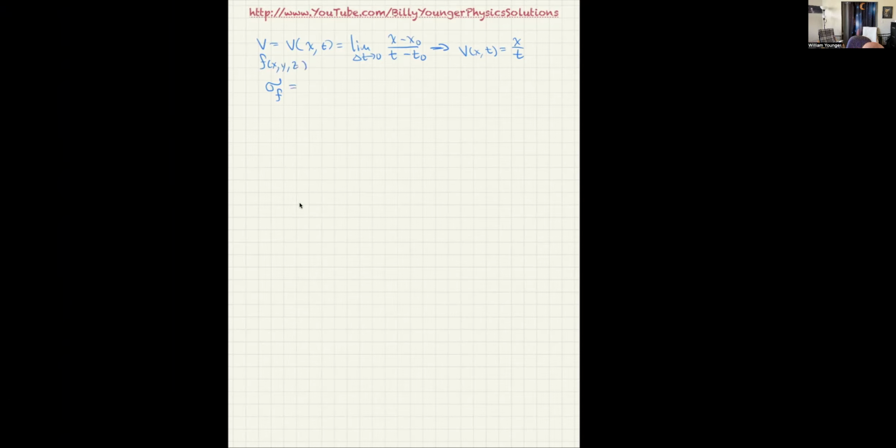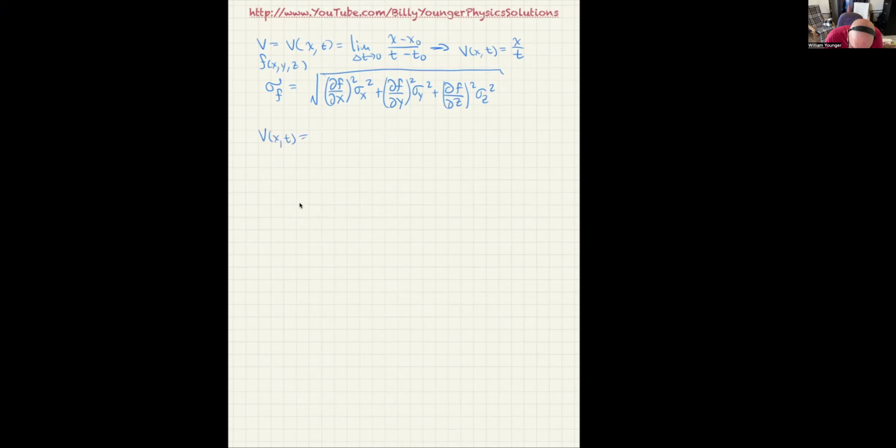That turns out to be equal to the square root of the partial derivative of f with respect to x, squared, times the uncertainty in x squared, plus the partial derivative of f with respect to y squared times sigma y squared, plus the partial of f with respect to z squared times sigma z squared, all under the square root.